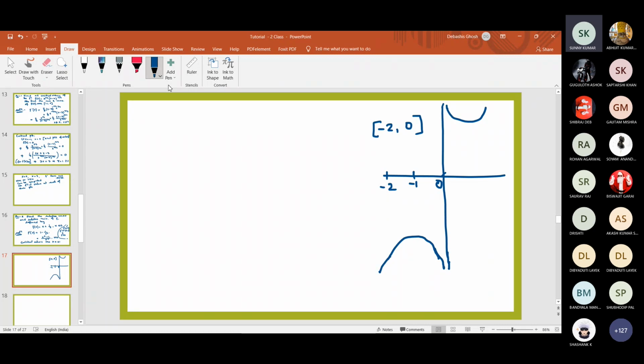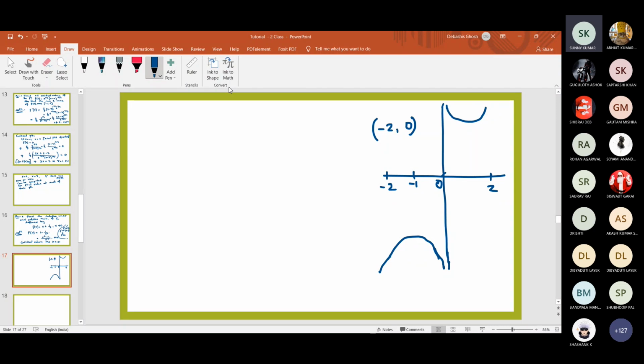And again from 0 to 2, in between which we will consider f of 1.